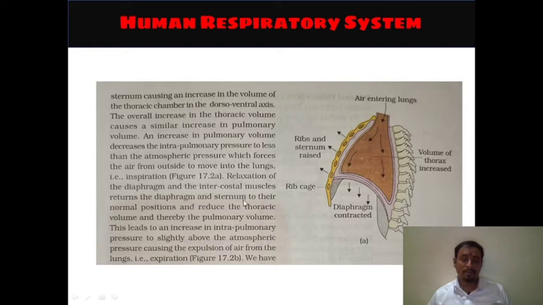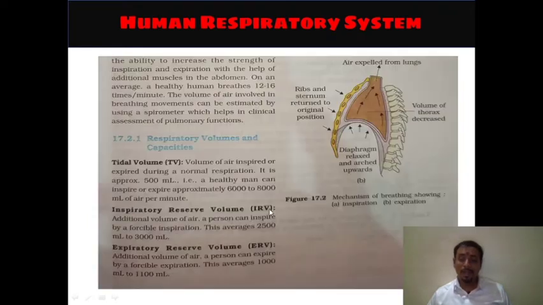When the pulmonary pressure gets higher than the atmospheric pressure, the expiration process occurs, as we can see in figure B. Here the air is being expelled from the lungs, the ribs and sternum return to original position, and the volume of the thorax is decreased.